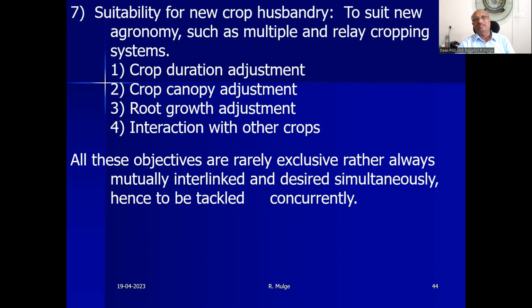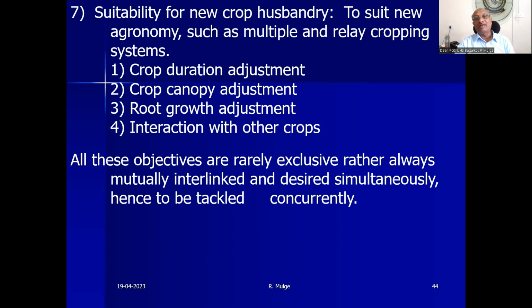And of course, adaptability and the suitability for a new crop husbandry. This is a very important, new concept, because to sustain your farm income, you cannot rely on one crop. You can go for intercrop or relay crop. So for all that, your variety has to be bred separately.